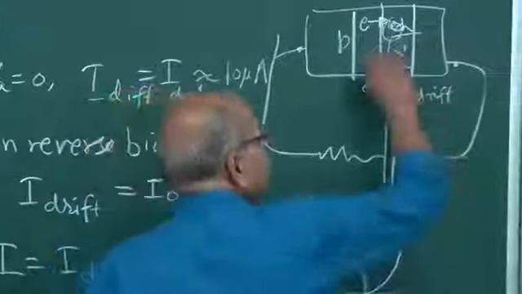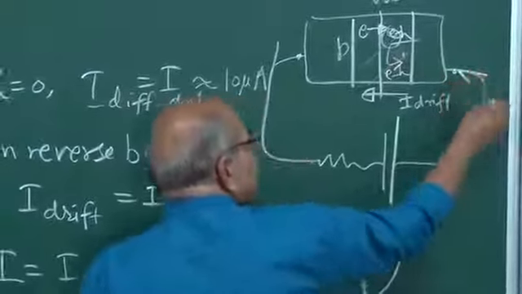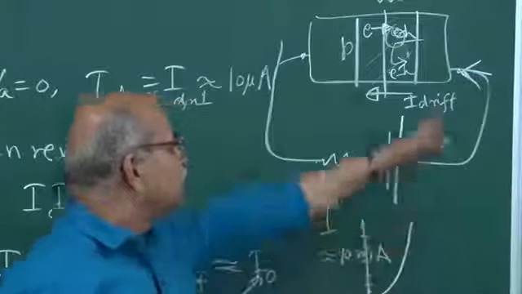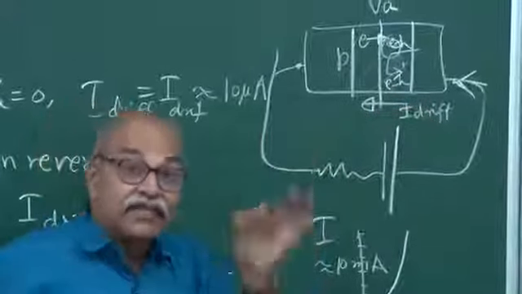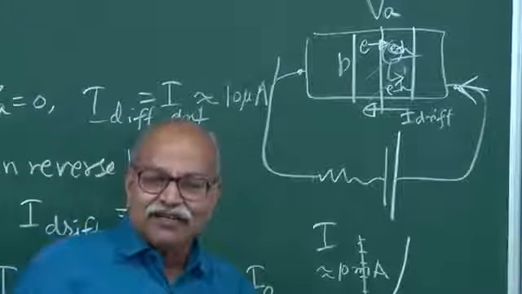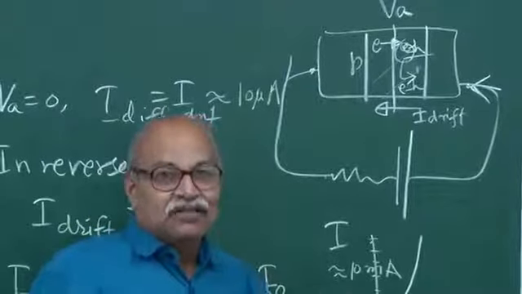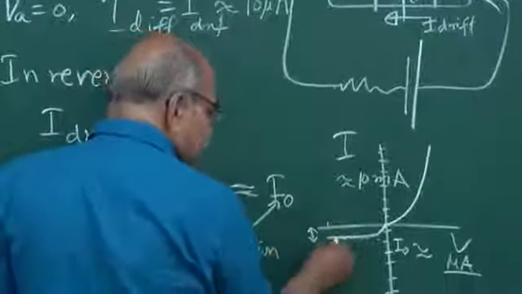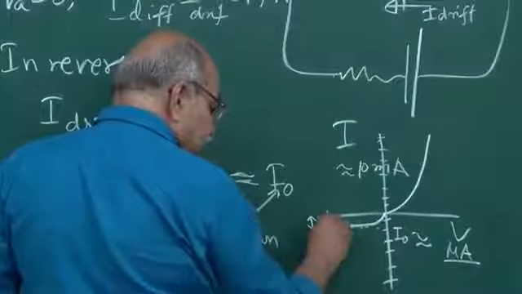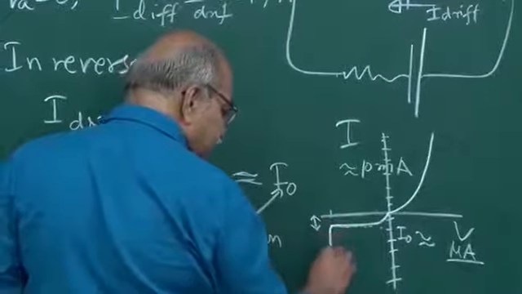Electrons are going in this direction, so the current is going in this direction. You will have a large I drift. This is known as breakdown. This is one mechanism. There are other mechanisms also, but the fact is that if you have reached that breakdown, then the current can suddenly increase many fold.